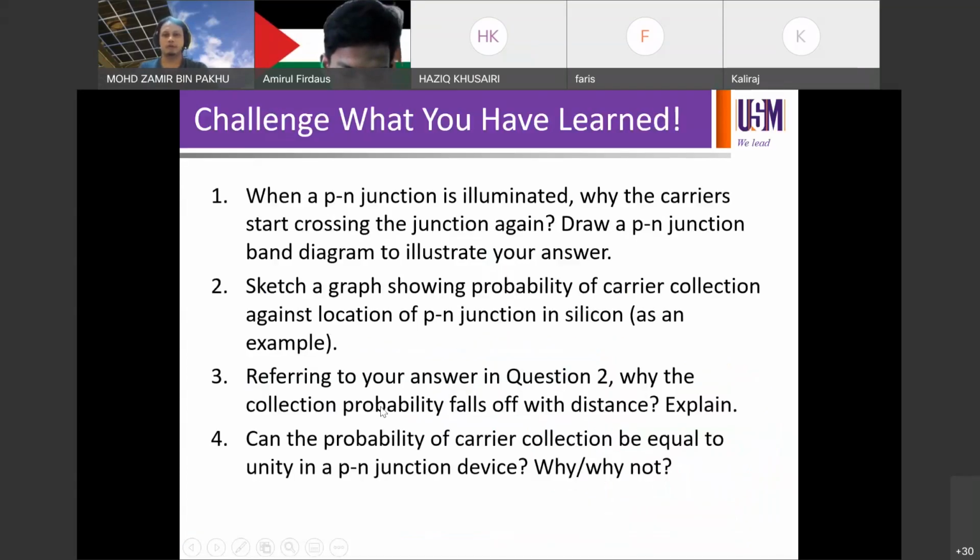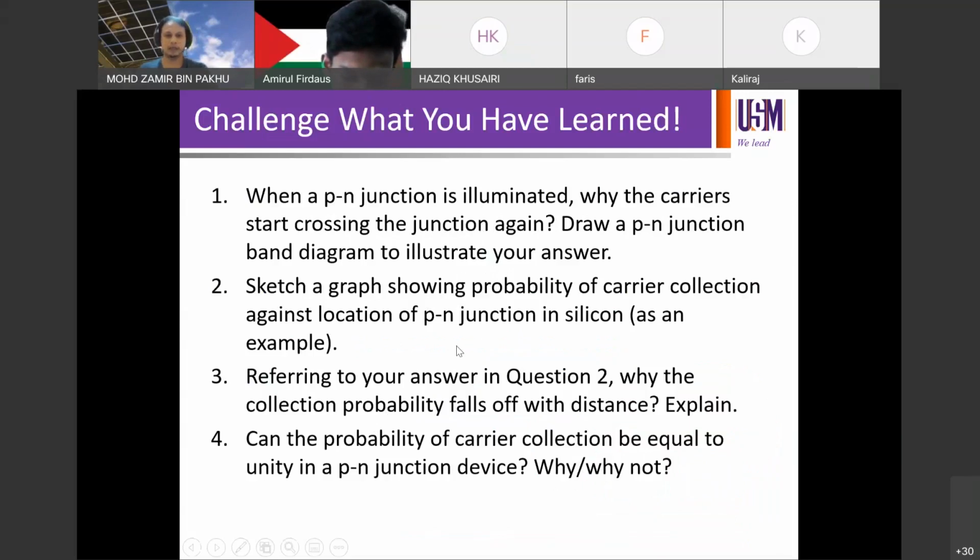So as usual, challenge what you've learned. We've discussed this one a little bit. Go back to this and try to understand the gist of the previous topic. This is about the minority carrier generation upon illumination, where they become the majority carriers upon crossing the junction.